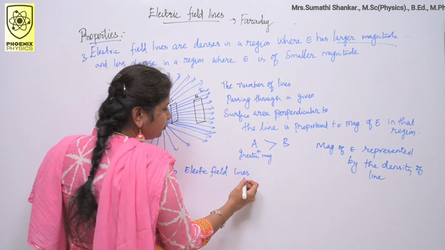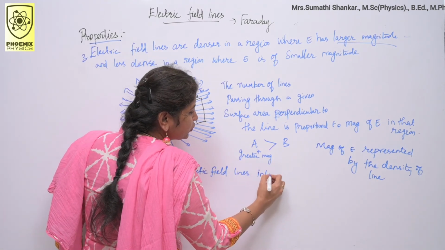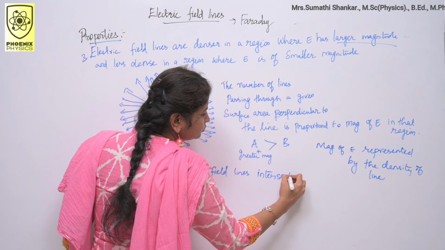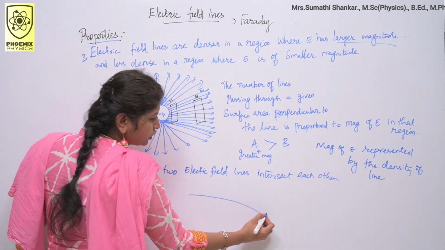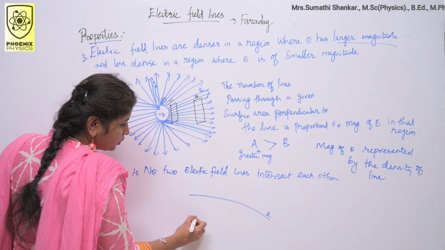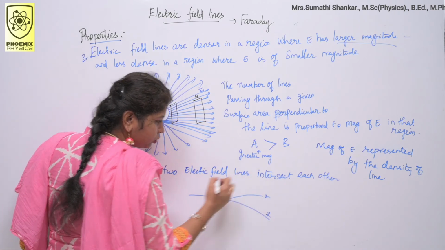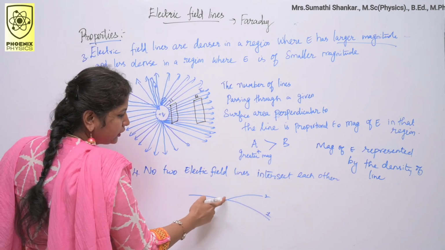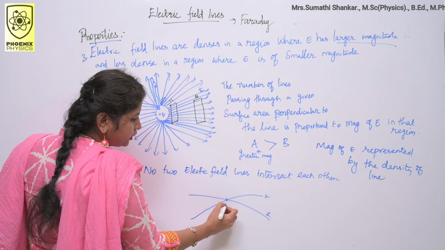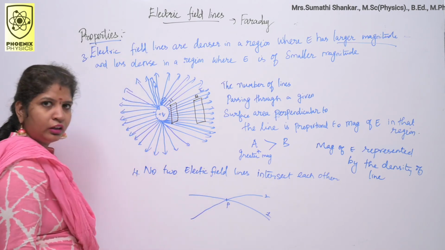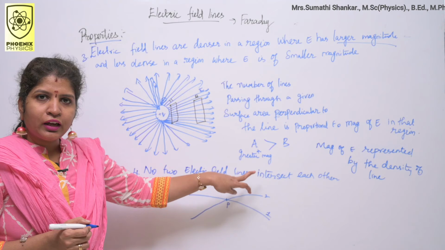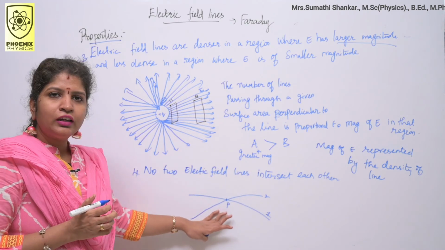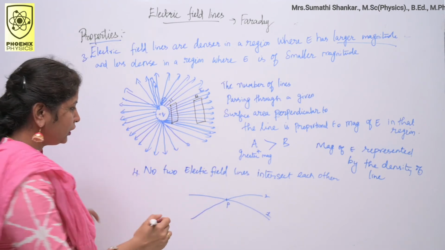No two electric field lines intersect each other. This is my electric field line. Say this is line 1 and this is another line, say line 2. Both the lines intersect at this point, say this is my point P. You know that if you draw one tangential line to the electric field line, it gives the electric field vector.